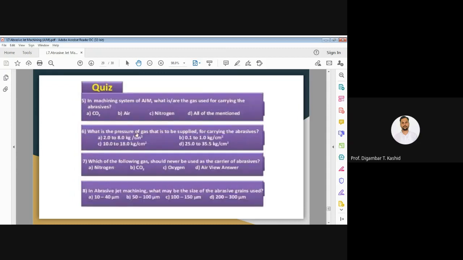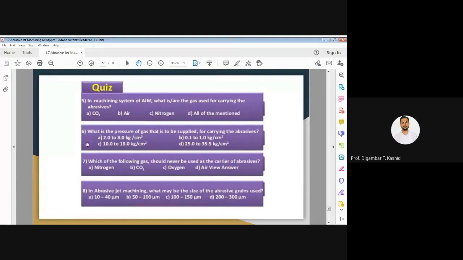In abrasive machining, what is or are the gas used for carrying the abrasive? Okay, same question is there. Now tell me, in abrasive machining, what gas is used for carrying the abrasive?